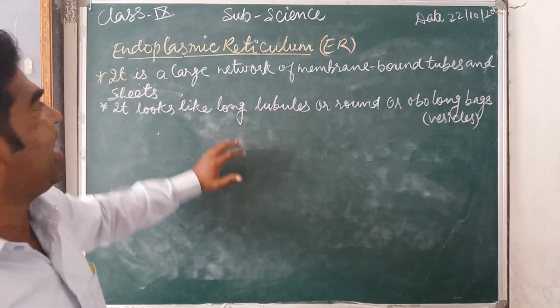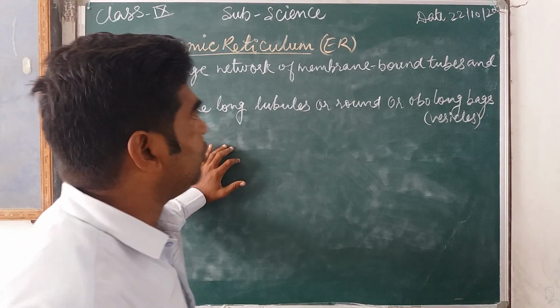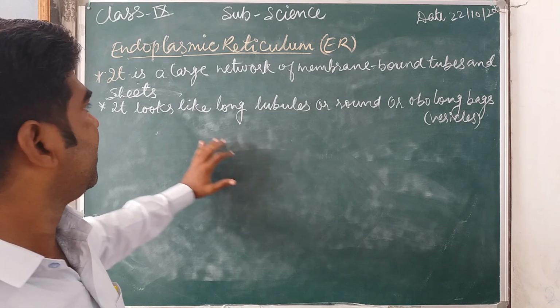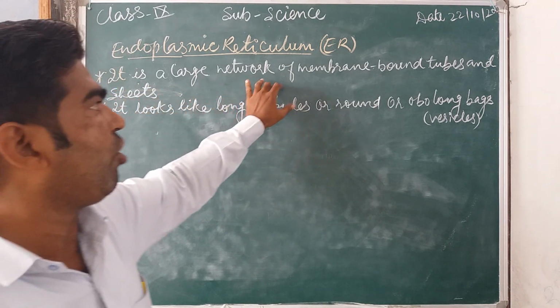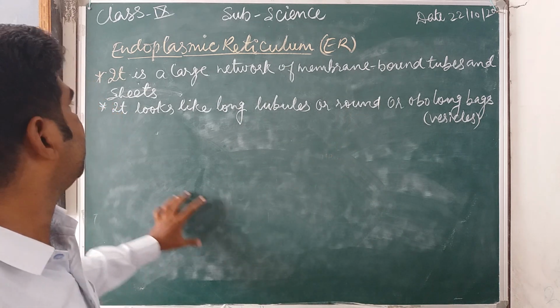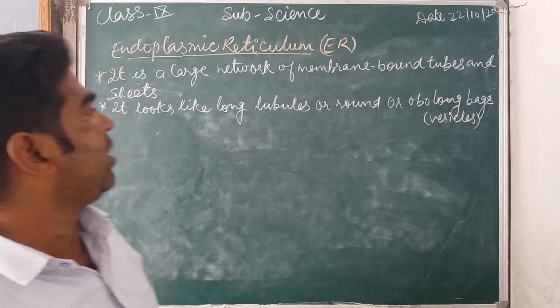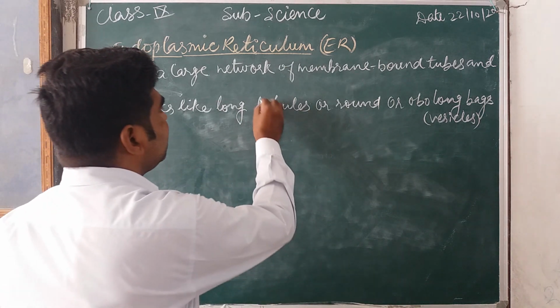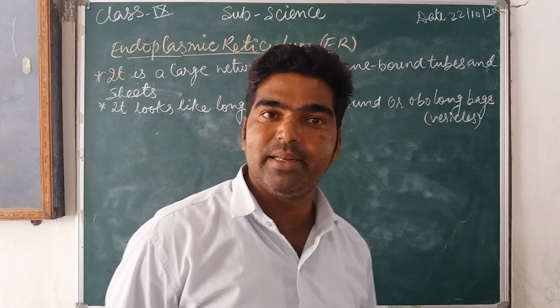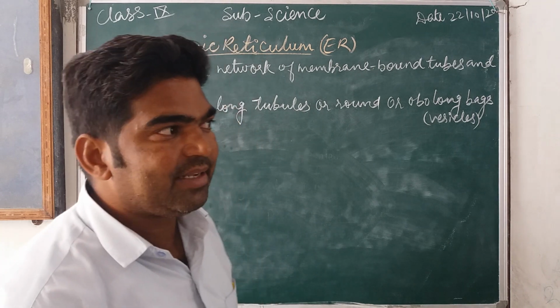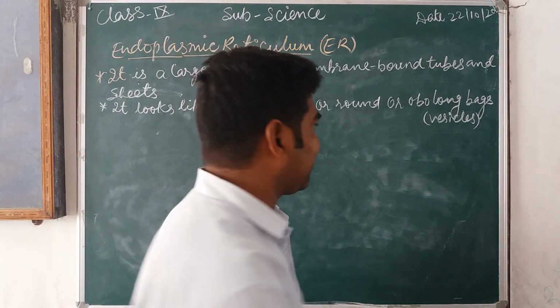It is a large network of membrane-bound tubes and sacs. Its structure looks like longer tubules and round or oblong bags or vesicle-like structures, and these are attached to the nucleus like this.